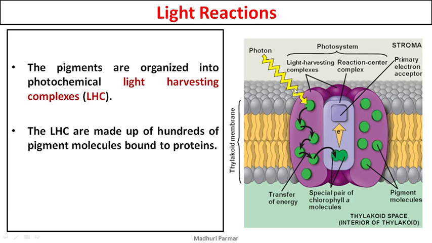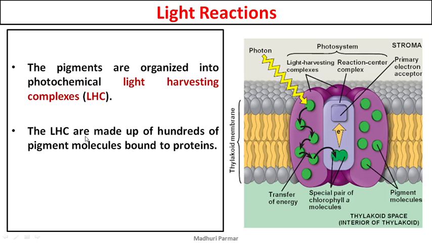So these purple colored structures that you are seeing, this is a cross section. You can see multiple such purple colored structures. Each of these are light harvesting complexes. These green dots that you see are nothing but different photopigments. It could be chlorophyll, it could be xanthophyll, it could be carotenoid, anything. And the rest of the purple portion is made up of protein.